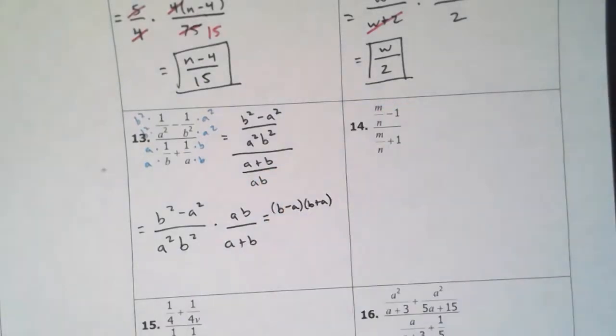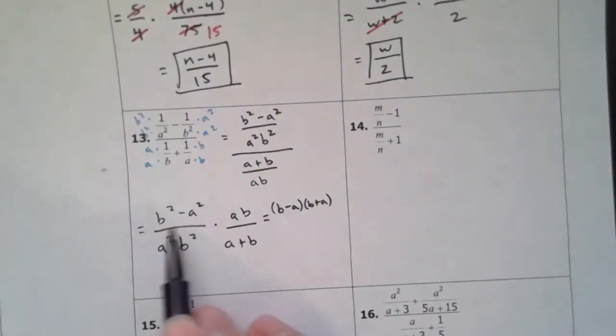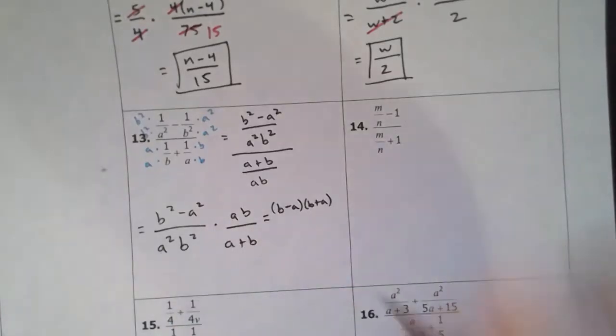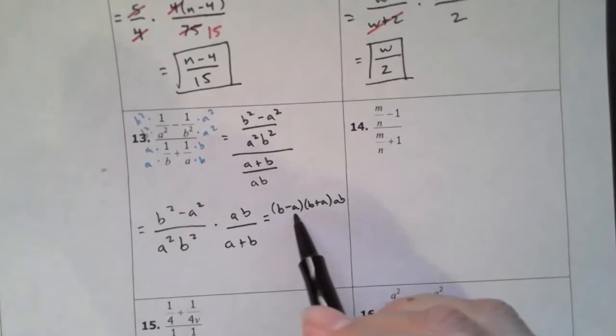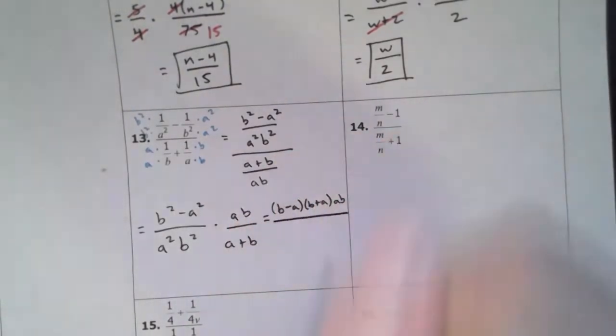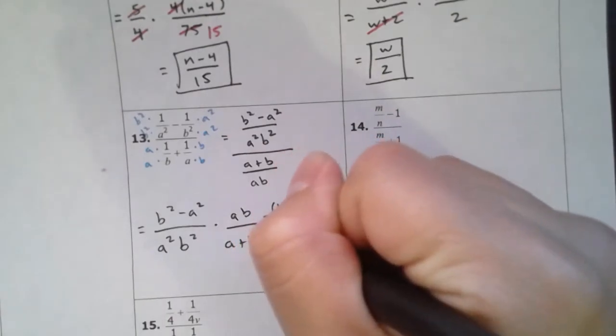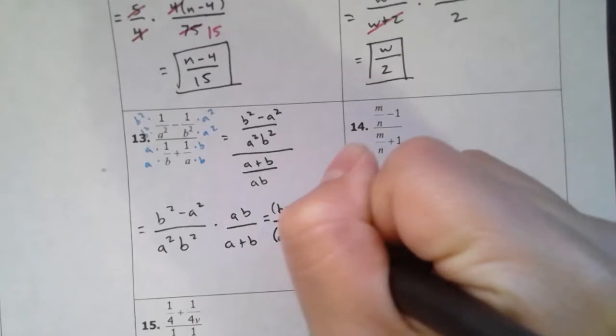Let's multiply left to right and combine it into one. So it's b minus a, b plus a, times ab, all over, and let's keep these separate so it fits, a squared, b squared times a plus b.